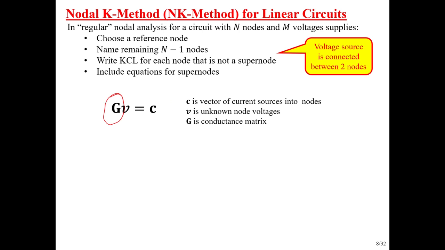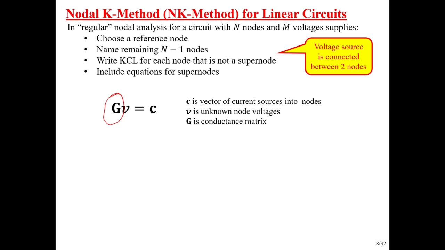G is a conductance matrix, so it will consist of all the resistors and so forth. Hey, I haven't mentioned anything about capacitors yet, have I? So you probably did this just for resistive circuits, and that G is going to be populated with all of the conductances of the resistors in your circuit.